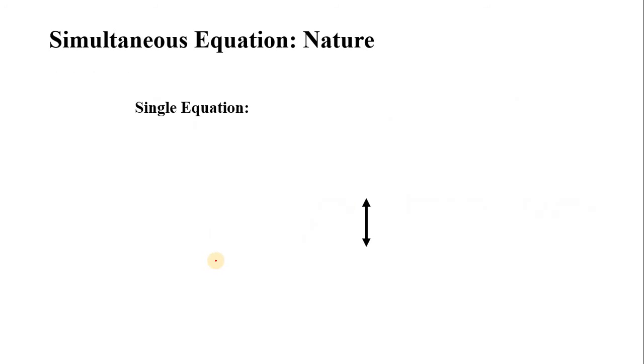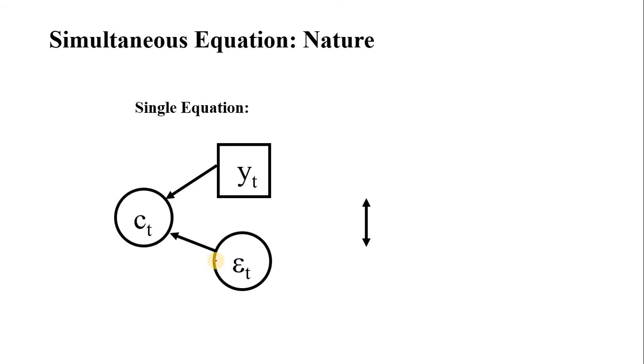Now, using a graph, I can tell you the basic difference between a simultaneous equation model and a single equation model. Look at the single equation model. You can see that the arrow is coming from y to c. What is that? Yt is influencing ct.